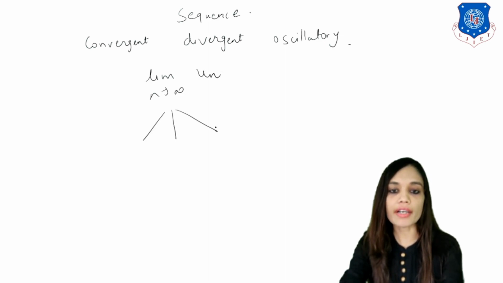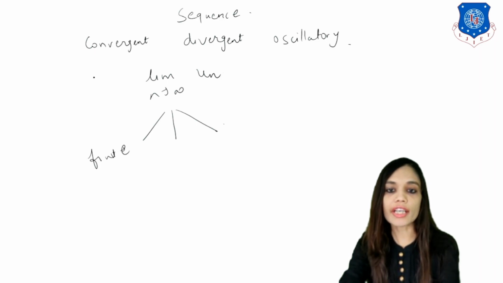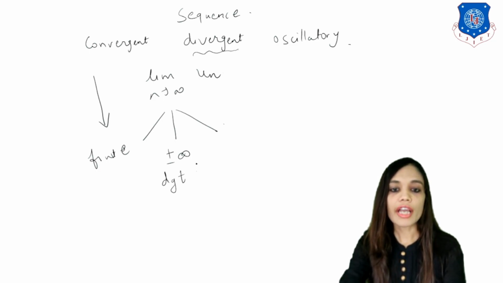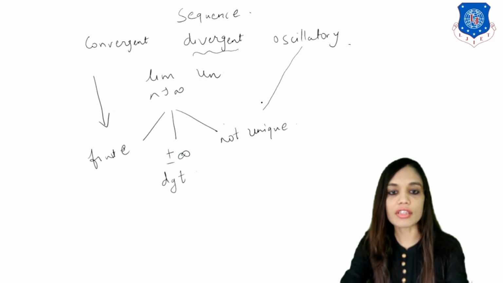Now there are three parts. If the limit is finite, then we can say that the given sequence is convergent. If the limit is plus or minus infinity, then we can say that the given sequence is divergent. And if the limit is not unique, that is, if we are getting more than one answers of the limit, then we can say that the given sequence is oscillatory.